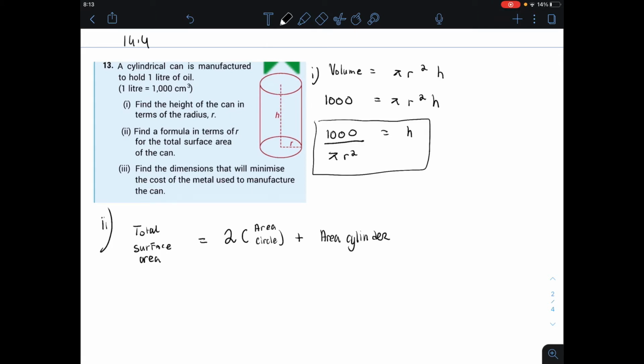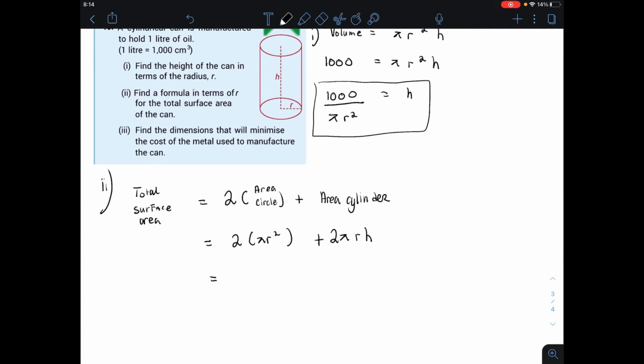Let's substitute in the formulas that we know for the area of a circle and the area of a cylinder. Our total surface area is equal to 2 times pi r squared plus 2 pi r h, the area of our cylinder.